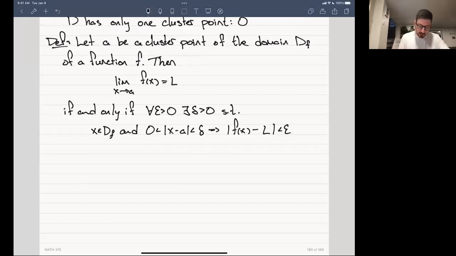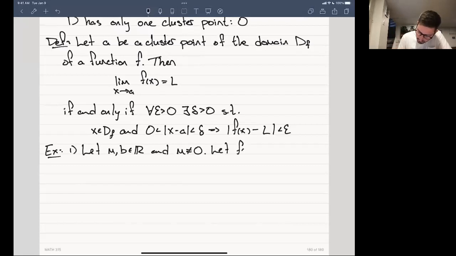So let's take a look at some nice examples. So the first example, we're going to deal with a linear function. So let m and b be in R, and we're going to assume m is not equal to 0, because if m is equal to 0, we're going to deal with a constant function. You've probably seen m and b before. This is going to be a linear function. So let's let f of x equal mx plus b.